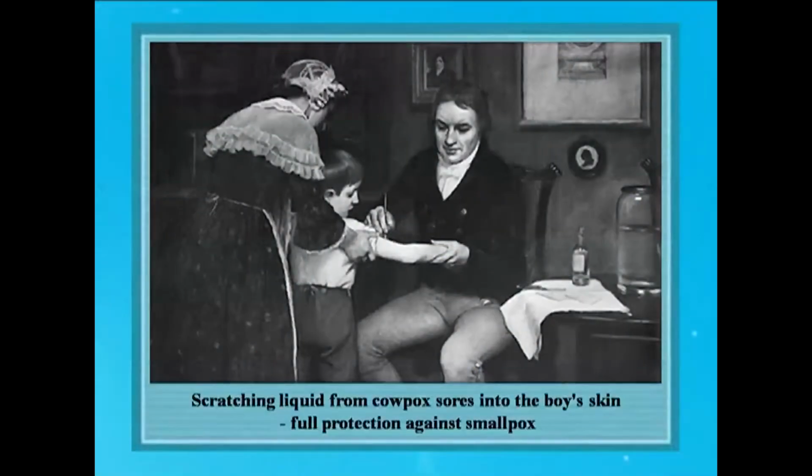So he deliberately took the cowpox fluid and injected it into an 8-year-old boy, and after 6 weeks he again infected the boy with smallpox virus. And as predicted, the boy did not catch smallpox.